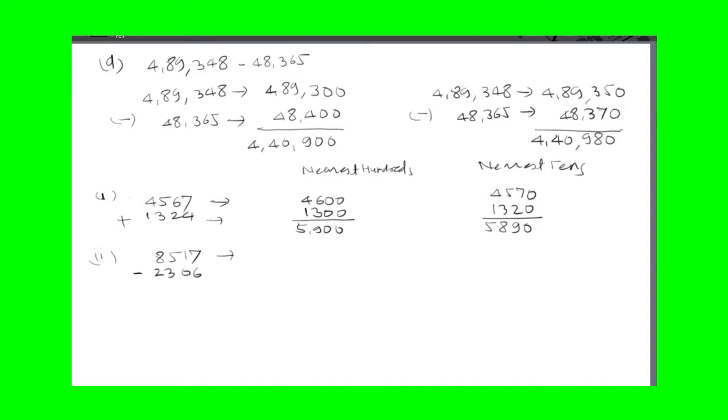So 8,517 becomes 8,500, and 2,306 becomes 2,300, and on subtraction we get 6,200, and on rounding to nearest tens we get 8,517 becomes 8,520, and 2,306 becomes 2,310, and on subtraction we get 6,210.